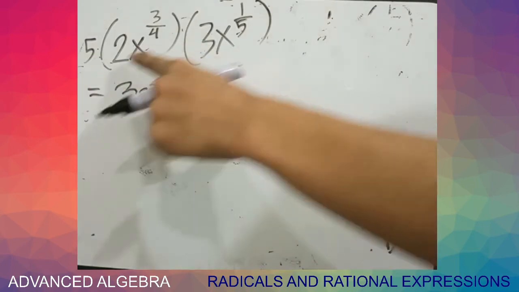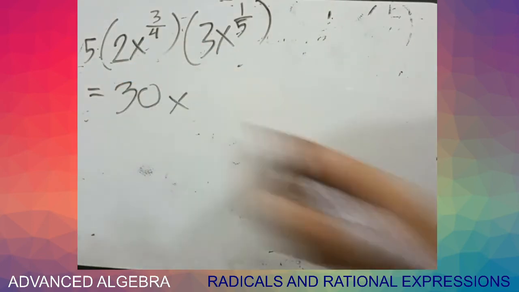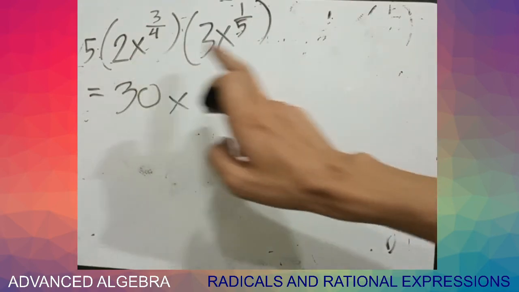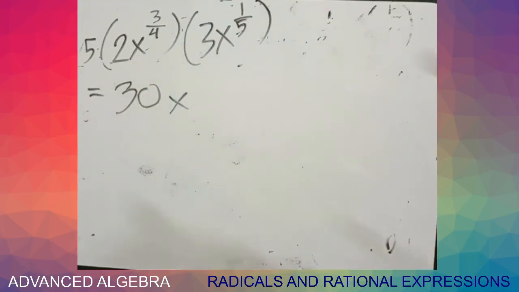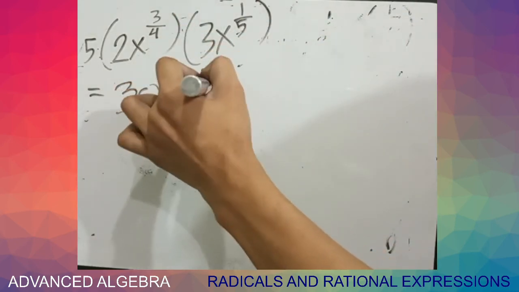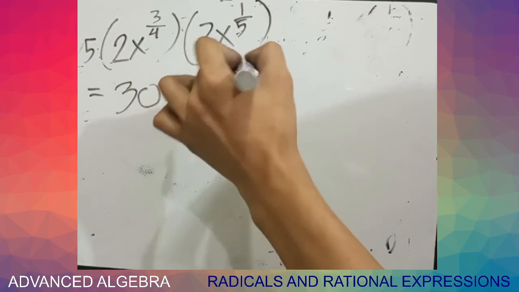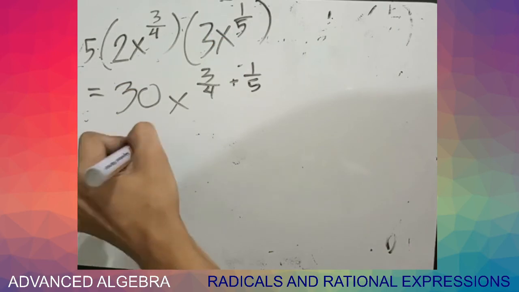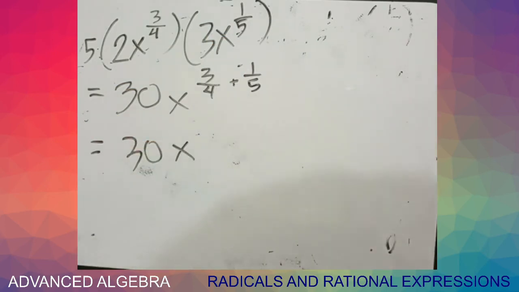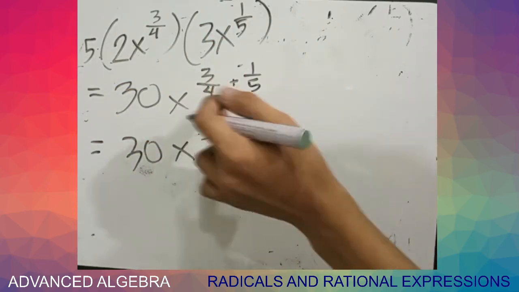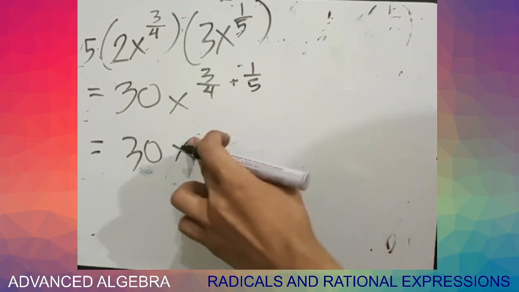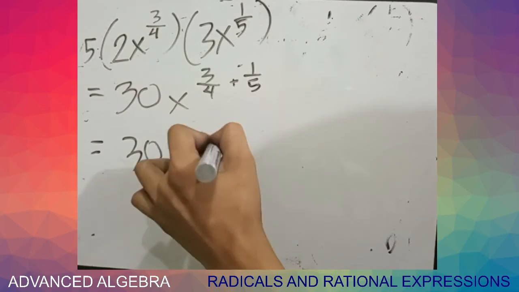Okay, next, kopyahin natin si x. So, dahil may exponent tayo, anong ginagawa sa exponent kapag magkaparehas ang variable? Pag minag-multiply, pagpa-plusin natin. So, magiging 3 over 4 plus 1 over 5. Okay, next. So, copy natin 30, tapos x. Then, kukunin natin yung LCD ng ating exponent. So, LCD ng 4 at saka 5 is 20. So, yun yung magiging denominator niya.